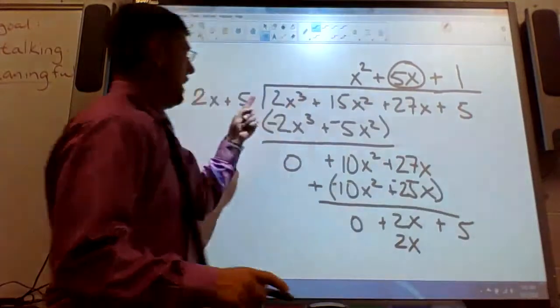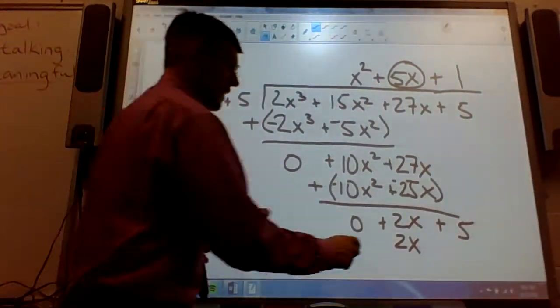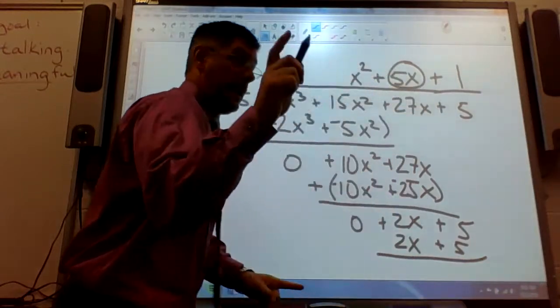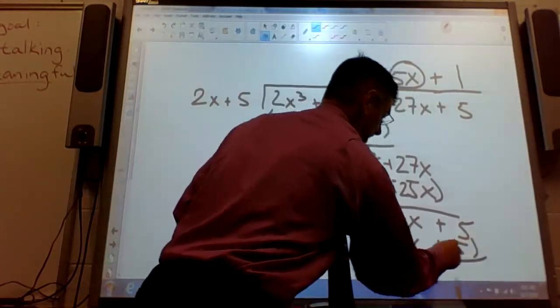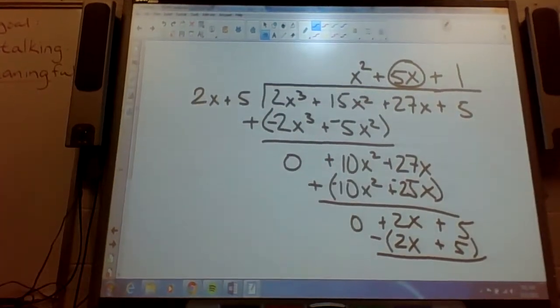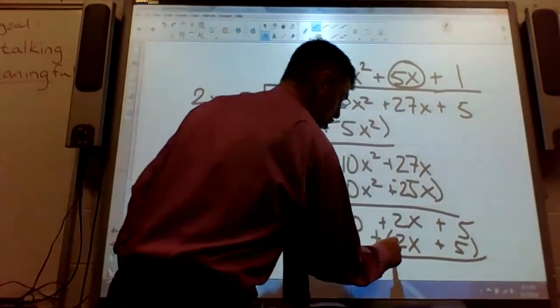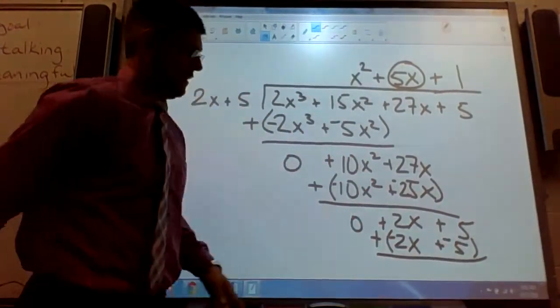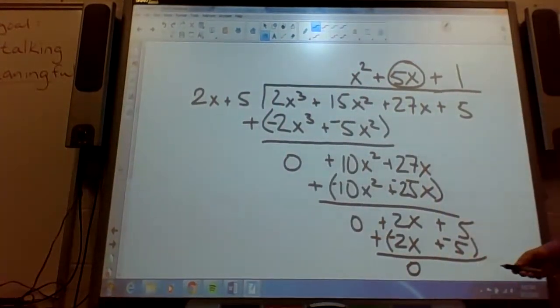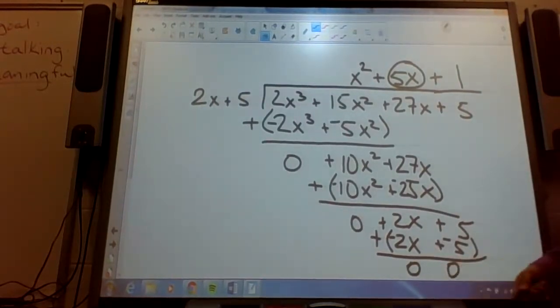And 1 times positive 5 is positive 5. Everything cancels out. Not yet, right? Parentheses, negative. Distribute the negative. Boom, boom, boom, right? 2x minus 2x, 0. 5 minus 5, 0.